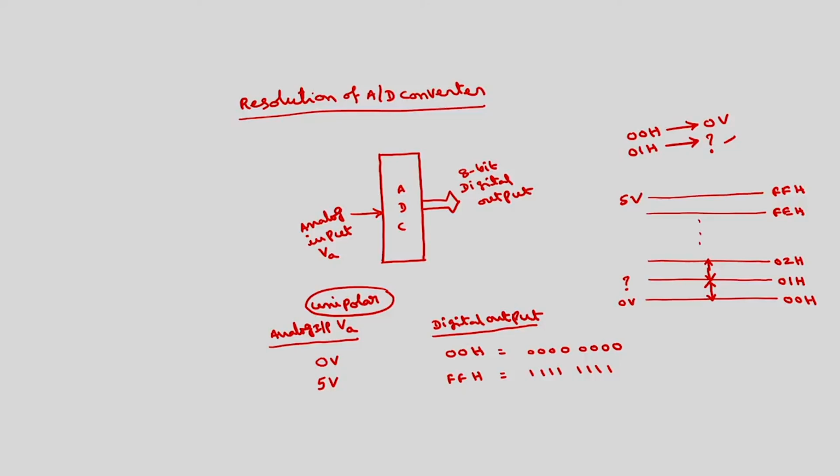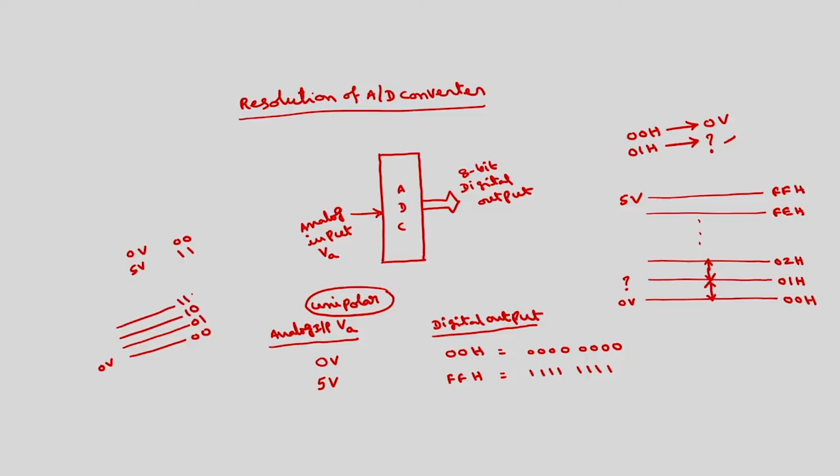Before going to this 8-bit representation, to have clarity, I will just discuss 4 levels. Suppose I represent 0 volts by only 2 bits, 00 binary, and 5 volts by 11 binary. So 0 volts will be 00 binary, this is 01, this is 10, this is 11.